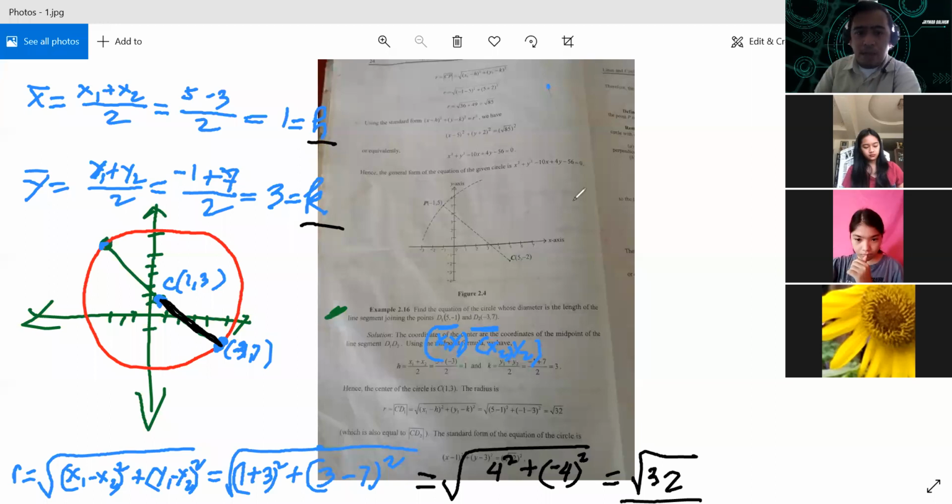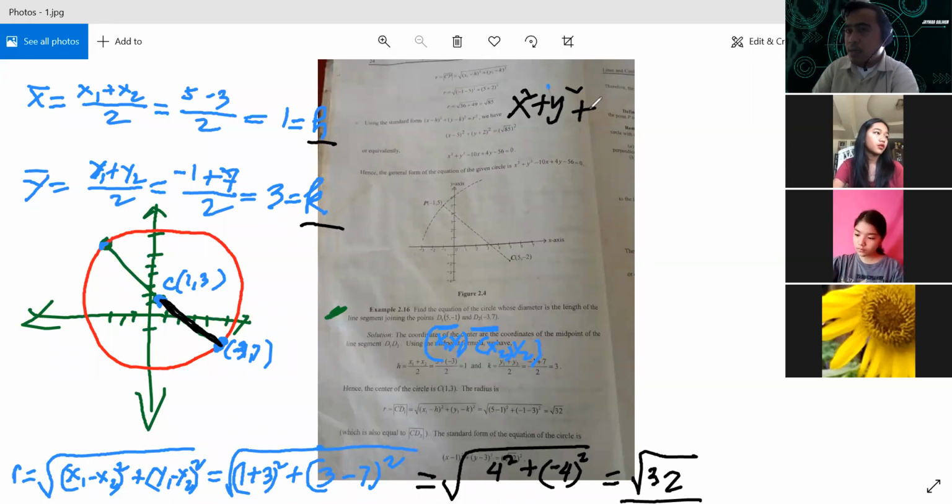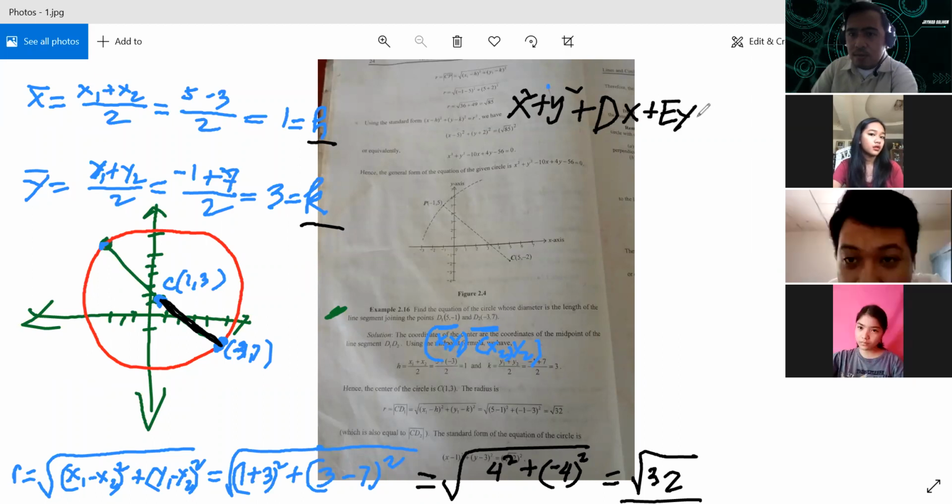So let us give here the general form, and I think you already know the general form of the equation of the circle, that is given by x squared plus y squared plus, sa ganit atong igamit ng notation class, this is d, no? dx, this should remember, plus ey plus f equal to 0.